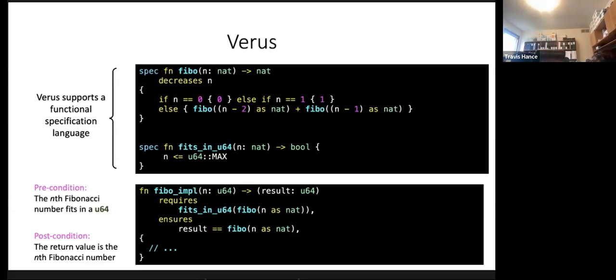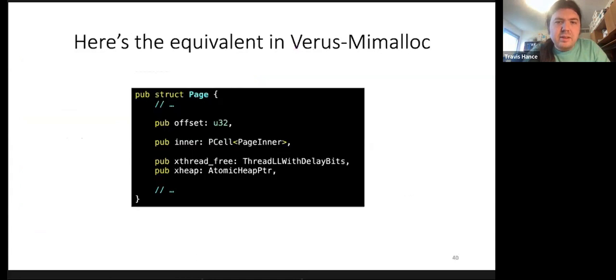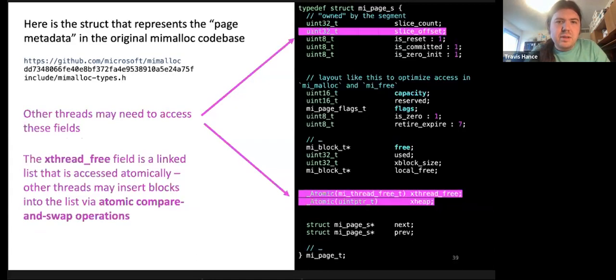Yeah, actually that does happen. There's one part where we have to store some extra information in the least significant bits of an atomic field. It's actually the xthread_free that I was talking about earlier. The atomic free list actually stores some special bits in its lowest order bits.